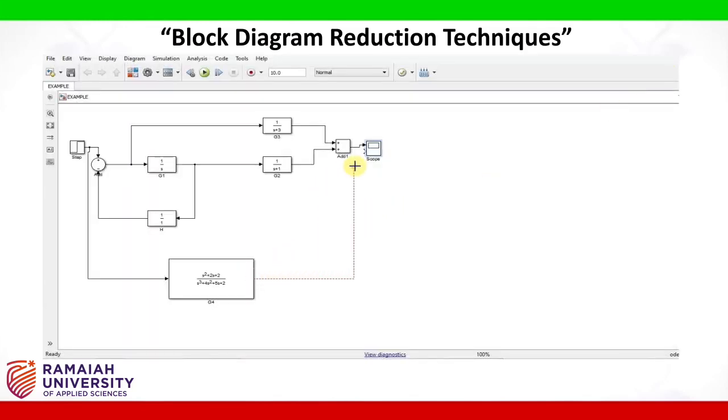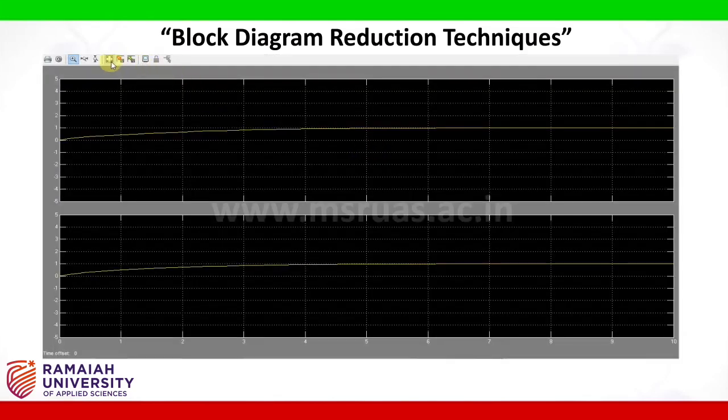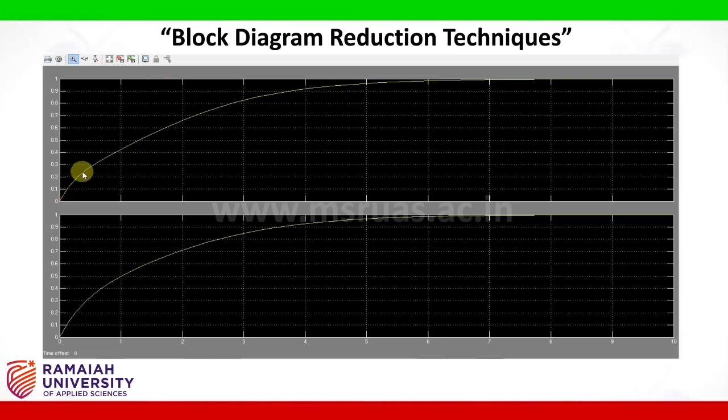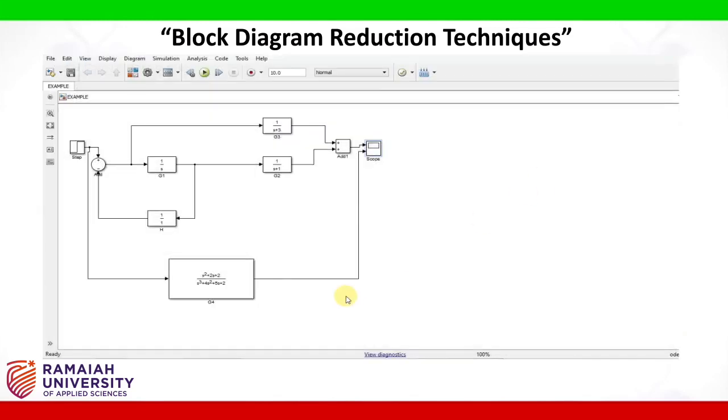Now the output of the reduced block diagram transfer function has to be given to the scope. Run the simulation. Double click on scope. So we have 2 plots. If you auto scale, you can see the first block has reached 1 and the output for the reduced block diagram is similar to the given block diagram output. So both are the same. Thank you.